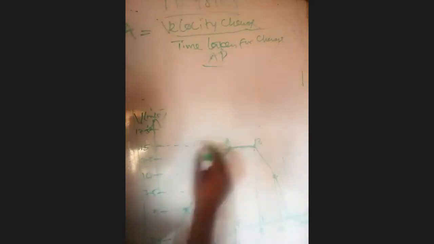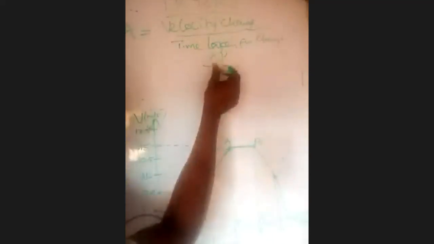The time taken for change can be found in the OP. So velocity change is AP, and the time taken for change is OP. So that is AP all over OP.